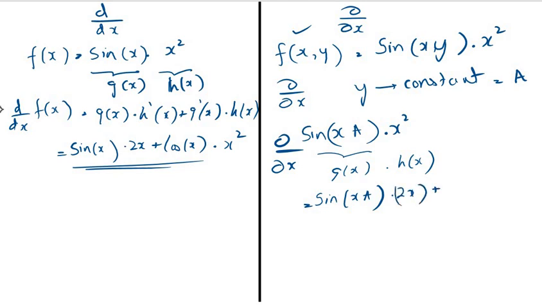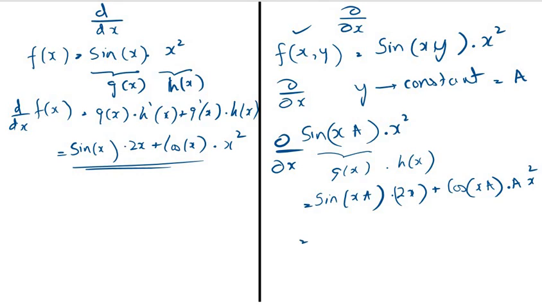Then we differentiate sine xa. Now sine xa has a constant a. So the differentiation of sine xa would be cos xa times a. That is because we're using the chain rule here, and then we multiply it by x squared.